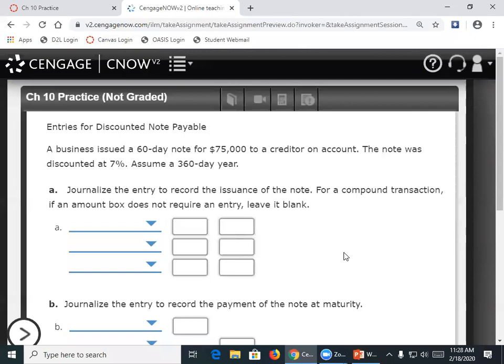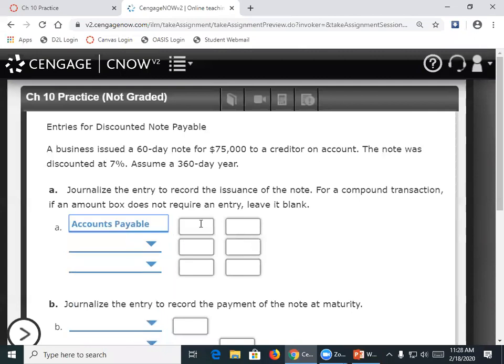In this case, they told us a business issued a 60-day note to a creditor on account. I didn't read it very well the first time either, did I? I was going to say cash. So when it's on account, that means we're settling an accounts payable. So the proceeds are $74,125. Okay, that's what we call the proceeds of the note.